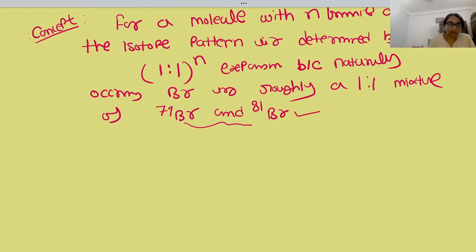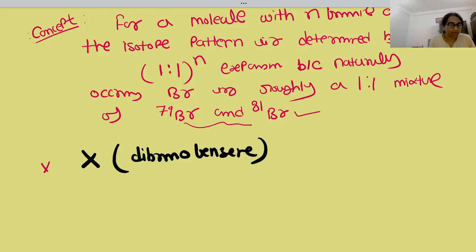Now write the calculation for option 1, compound X. The compound X is dibromobenzene, and in this compound the total number of bromine atoms, n, is equal to 2.